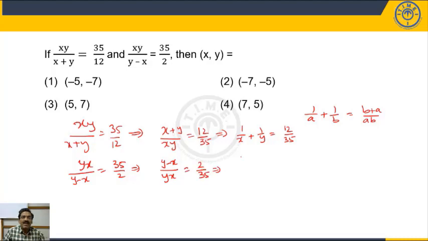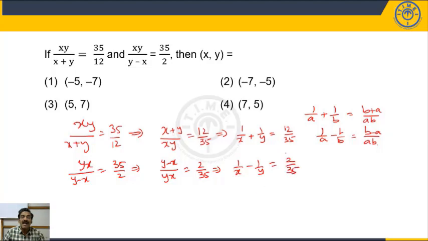Same way as what we did earlier, 1 by a plus 1 by b is b plus a by ab. Similarly, 1 by a minus 1 by b will become b into 1 minus a into 1 by ab, that is b minus a by ab. So as this is in the form of y minus x by xy, we can say it is nothing but 1 by x minus 1 by y is equal to 2 by 35.